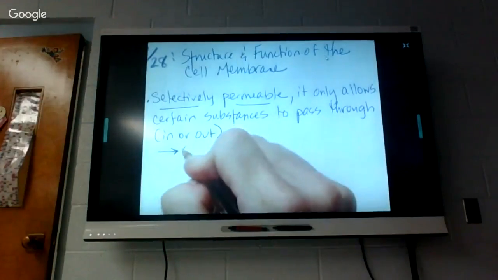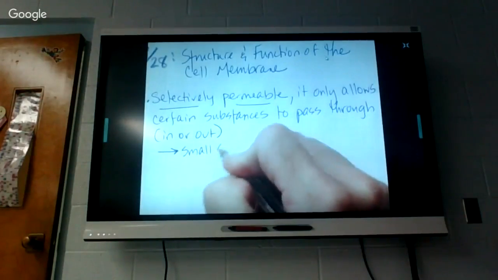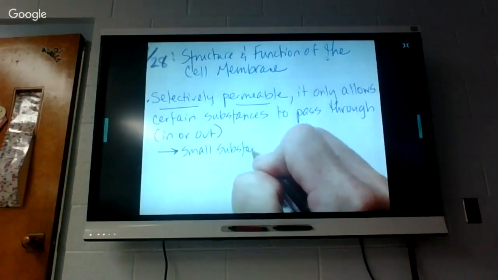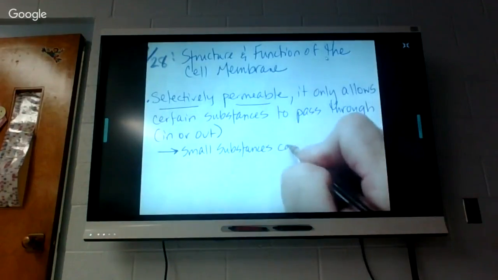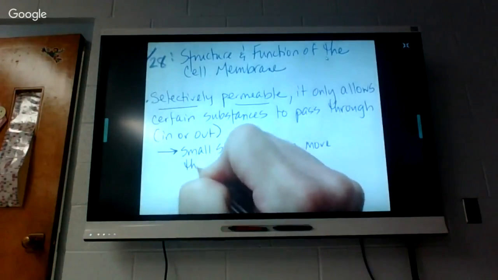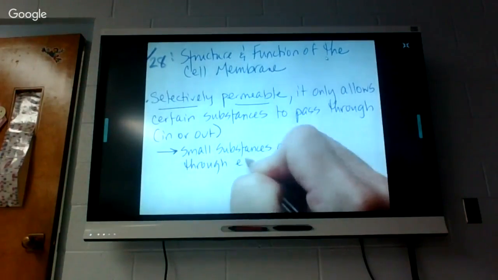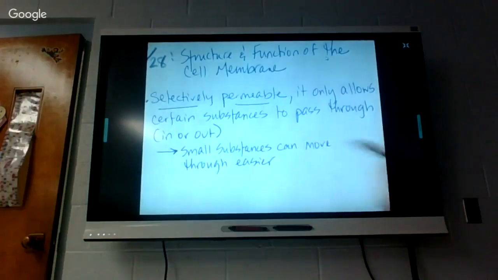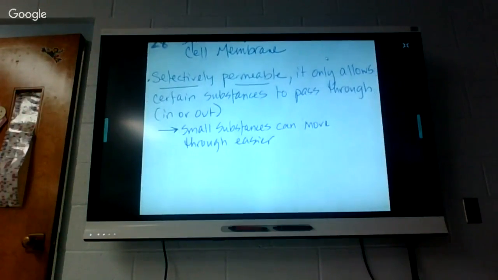All right, small substances can move through easier. And we're going to talk about how they do that, either passively or actively, with energy or not. And we'll get more into that on Monday.